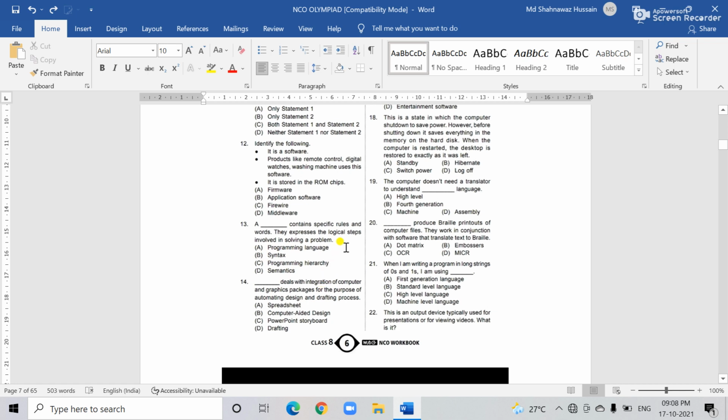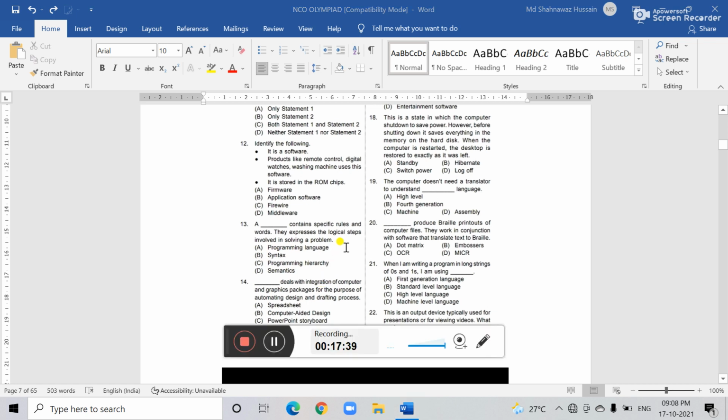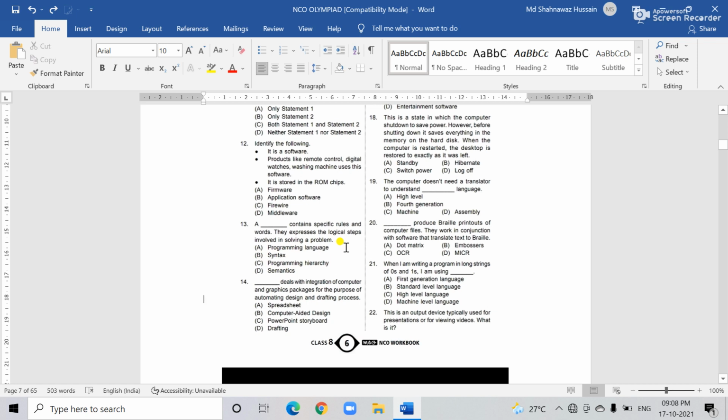And next is the 14 number question. Just check once. The 14 number question deals with the integration of the computer and the graphics package for the purpose of automatic design and the drafting process. Again, I am repeating the question.